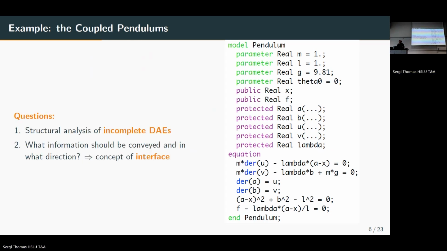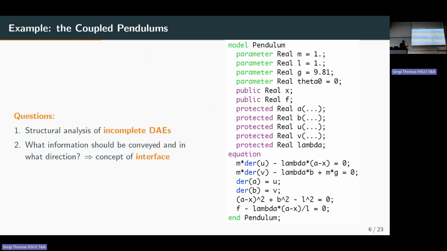Okay, and so the two key innovations are that we are able to give a meaning to the structural analysis of incomplete DAE systems. So far, the structural analysis is only defined for square systems.